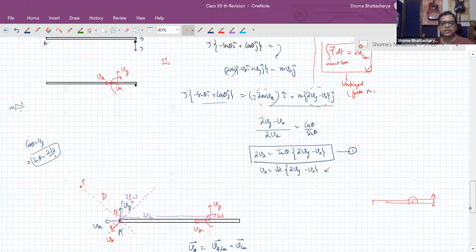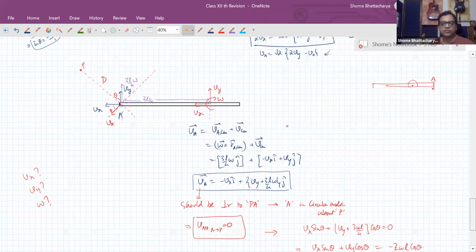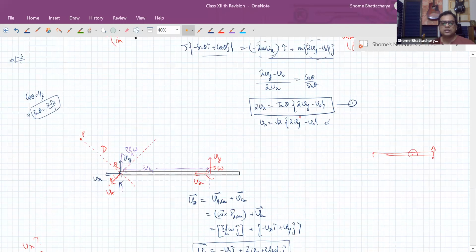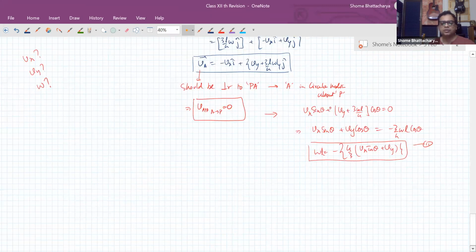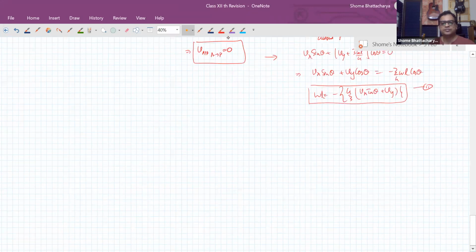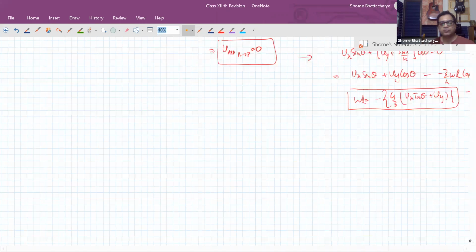Oh, we have not written that equation yet. Okay. So anyway, this is the first equation that we have got from the impulse concept. And we still have the angular momentum conservation equation to write. So that is the equation we had written earlier. That was a correct equation. No problem with that.